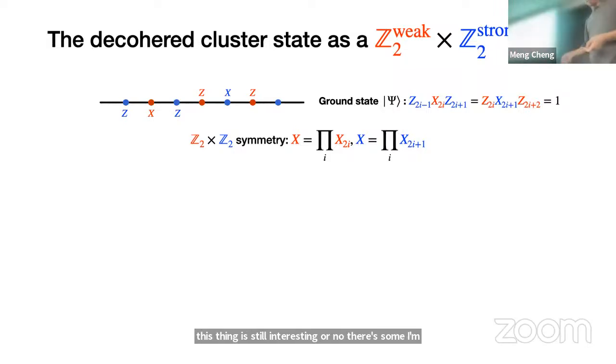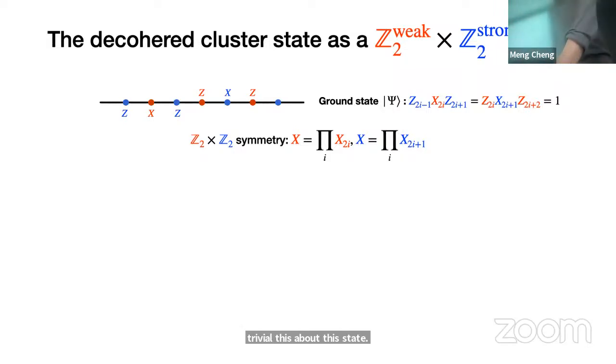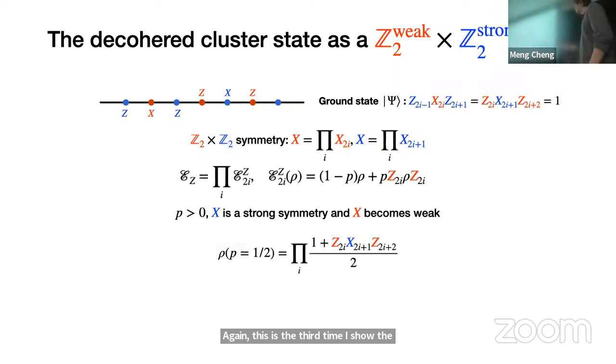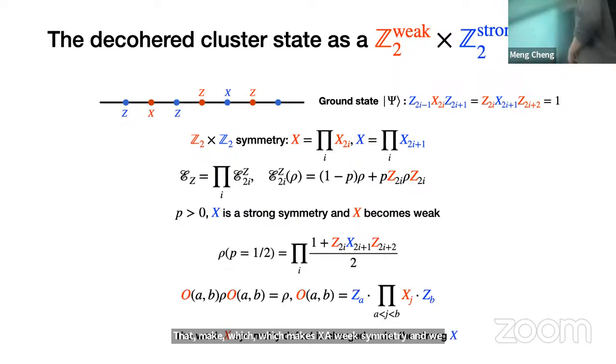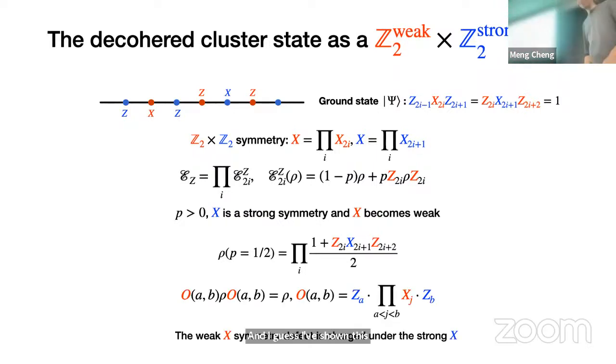Again, this is the third time I show the Hamiltonian. This is a cluster state, and we apply this quantum channel which makes X a weak symmetry, and we get this state at the maximal strength. And I guess I've shown this slide exactly before. This is copied.